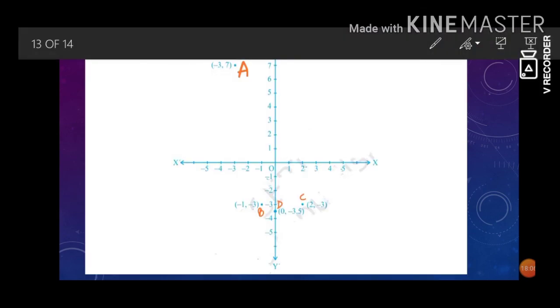And here is our Cartesian plane. You can see we have plotted the point A, that is minus 3 comma 7, B minus 3 comma minus 1, C 2 comma minus 3, and D, which is on the y axis, is 0 comma minus 3.5.